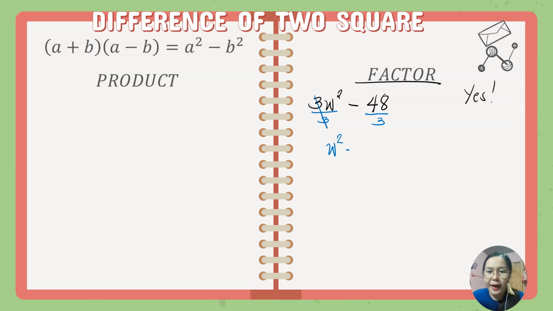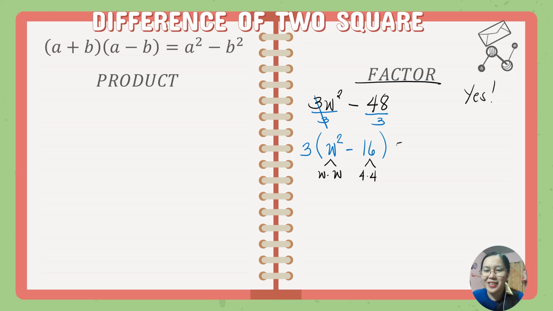W squared minus 16. This process is called the common monomial factor. So put 3 here. Whatever you divide by, just put it here. So now we have w squared minus 16, and now we can factor it. So w multiplied by w, and 16 is 4 multiplied by 4.